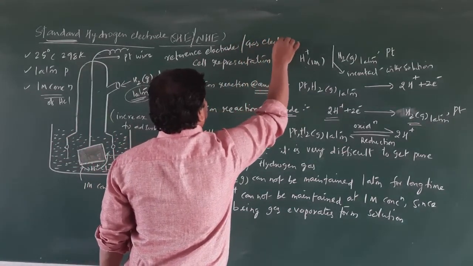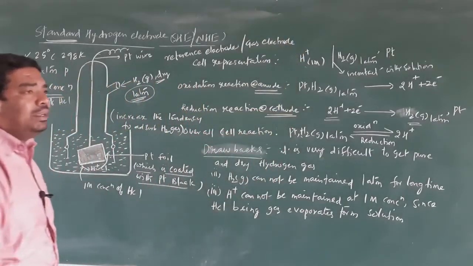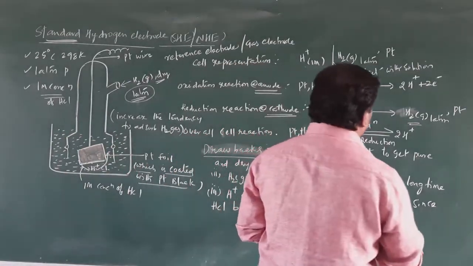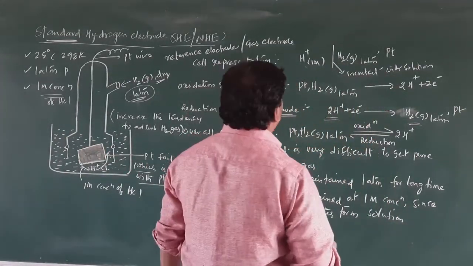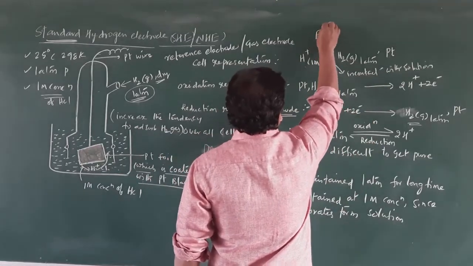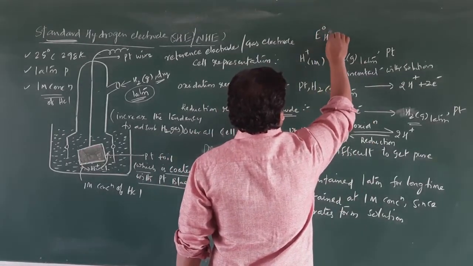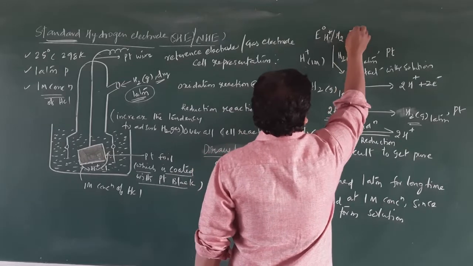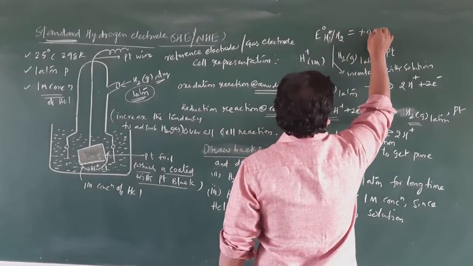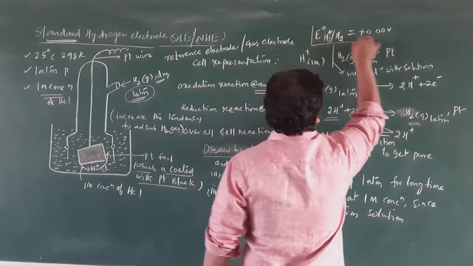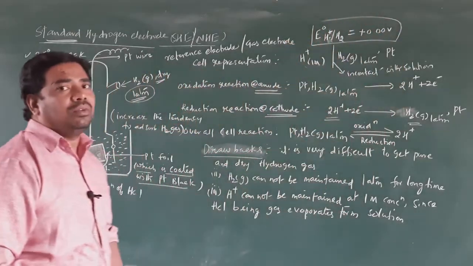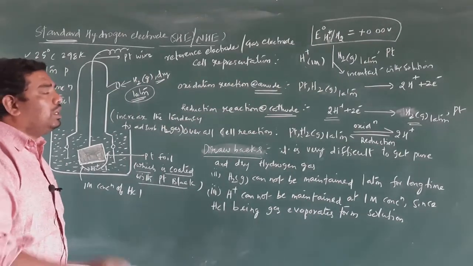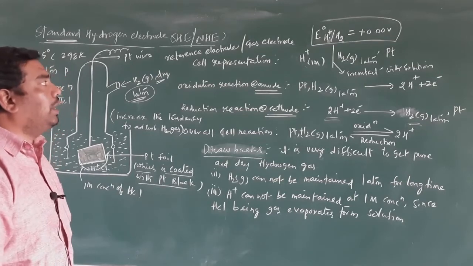The standard reduction potential of the hydrogen electrode, E naught H plus by hydrogen, we arbitrarily fixed at 0.00 volts. So that is the standard reduction potential of the hydrogen electrode.